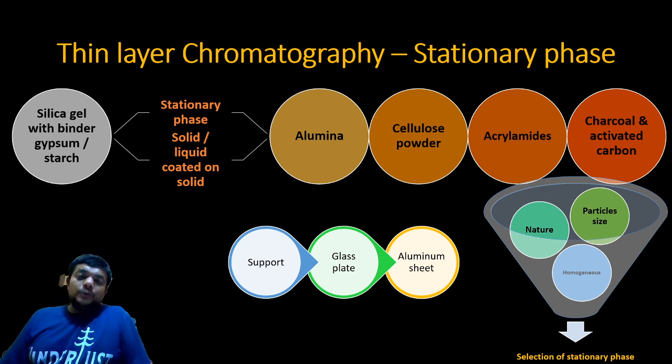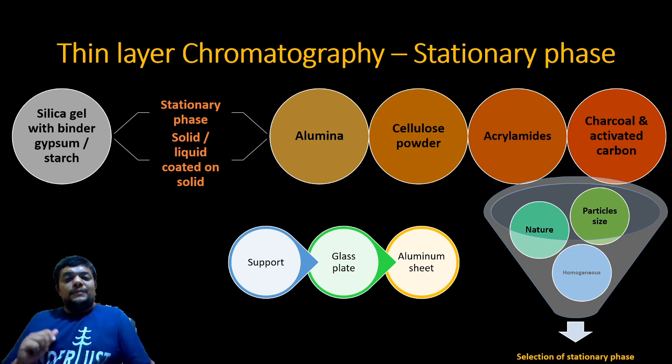And this role of a binder between the support like glass or alumina and these stationary phases is played by gypsum. Right? That is the concept of thin layer chromatography, stationary phase.